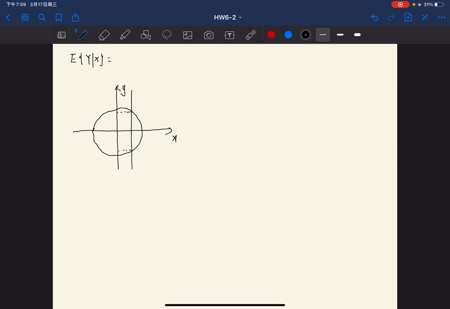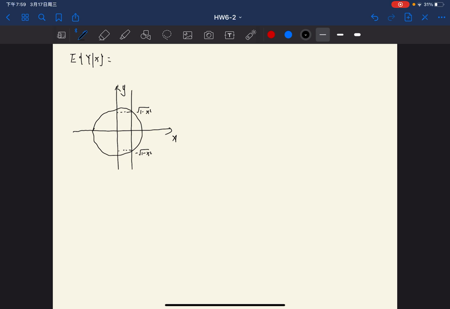The first point has y equal to the square root of 1 minus x to the power of 2, and for this point, y is negative square root of 1 minus x to the power of 2.